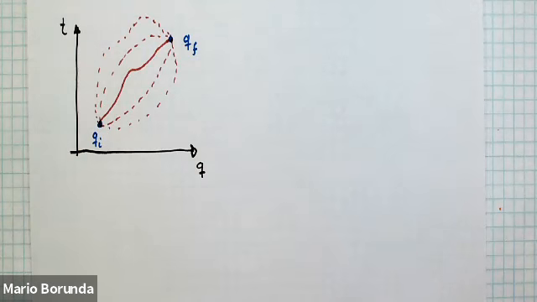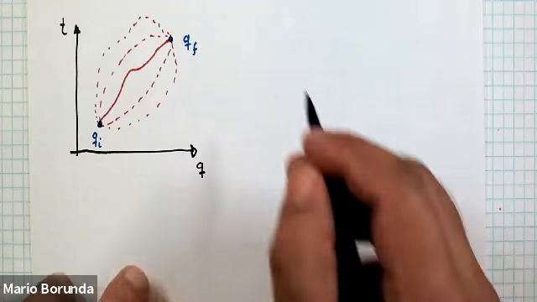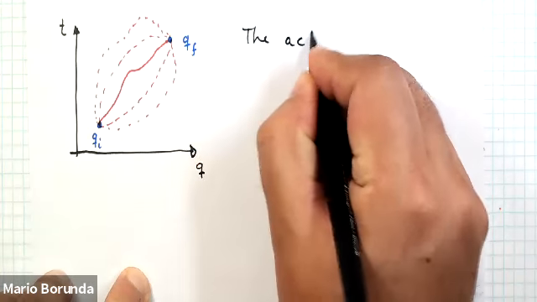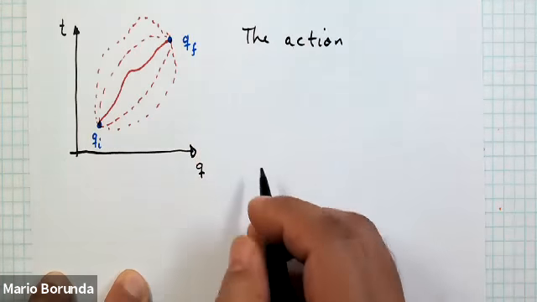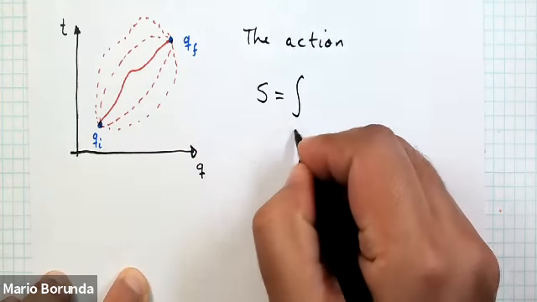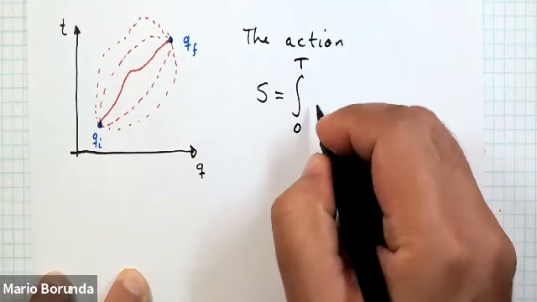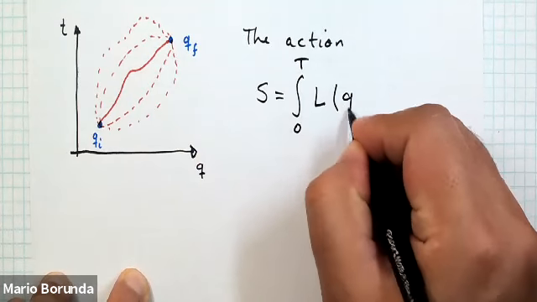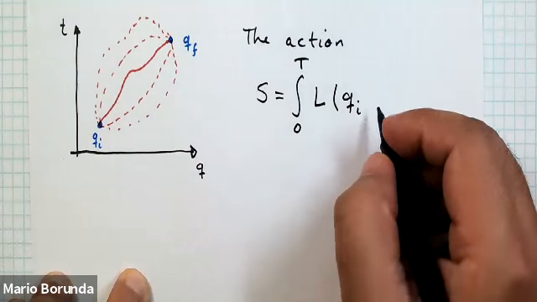From the principle of least action, we can define the action. You guys already saw this one about 2 months ago, where we go from an integral over time from 0 to t of the Lagrangian that depends on some q_i.